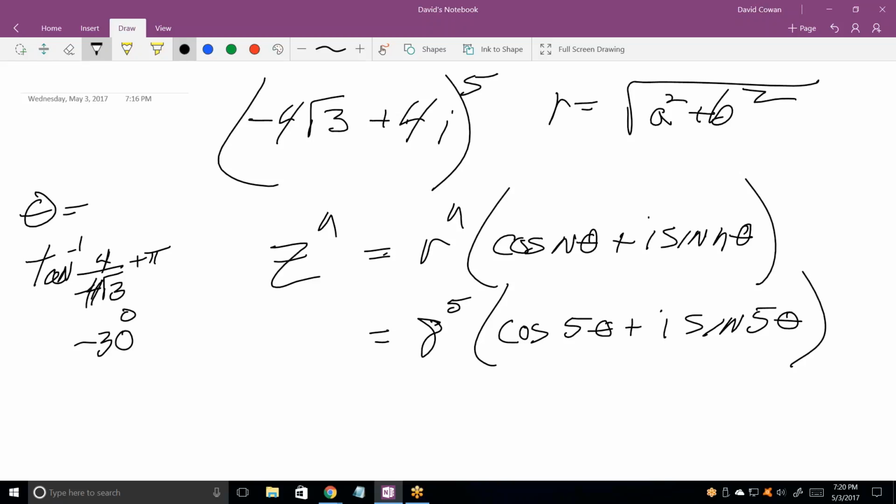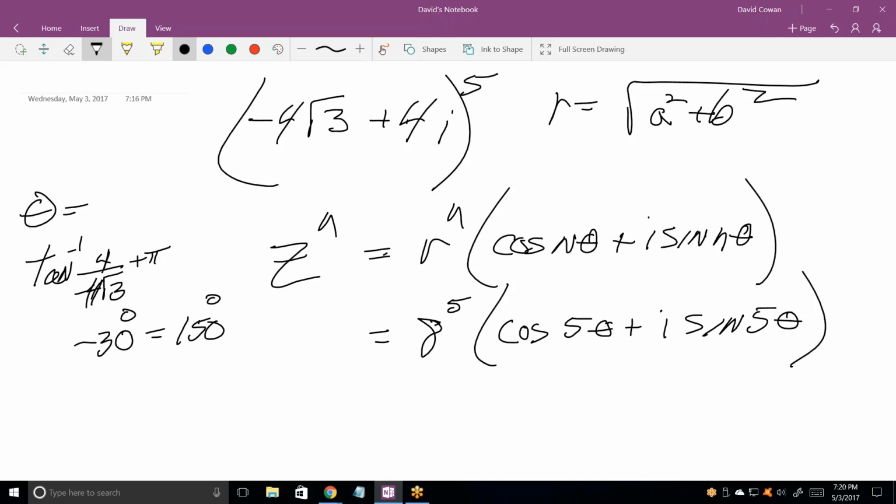In other words, you still have to use the signs. 4 divided by negative 4 root 3 is negative 1 over root 3, excuse me, which is 30 degrees, plus pi gives us an angle of 150 degrees. That's second quadrant.